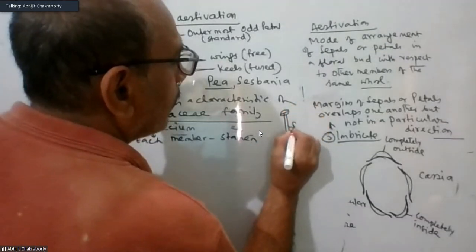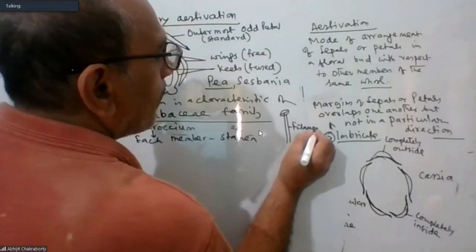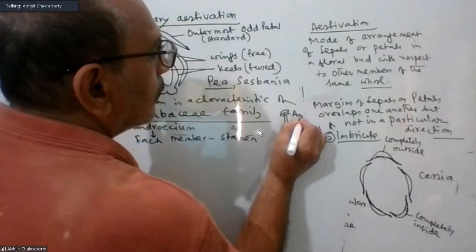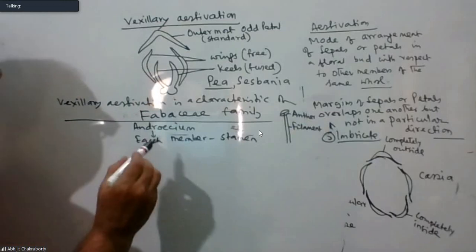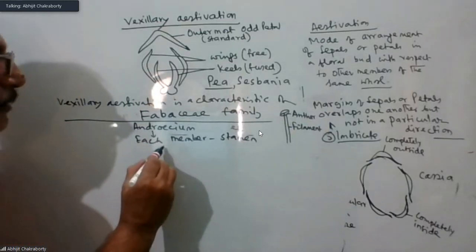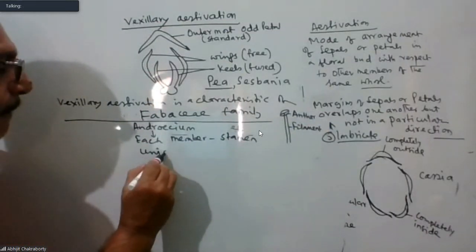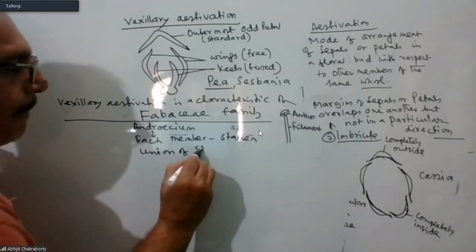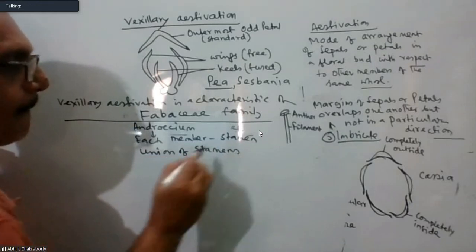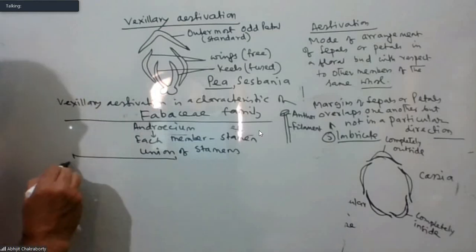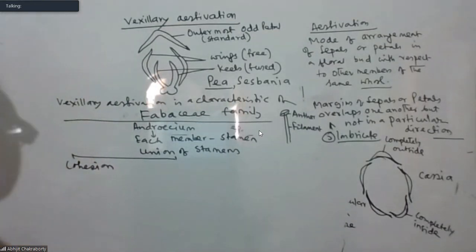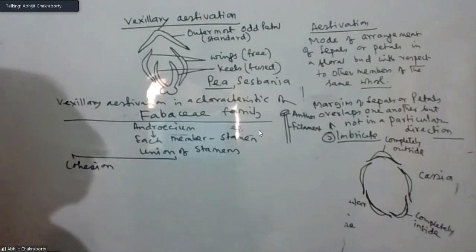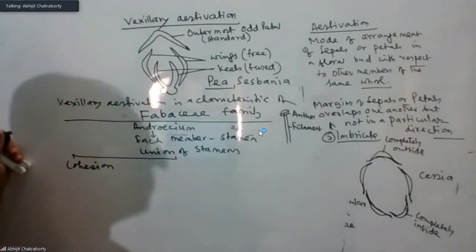This is the filament, and this is called the anther. Now, I have considered here the union of stamens, cohesion. Cohesion includes the union of stamens with its own members.